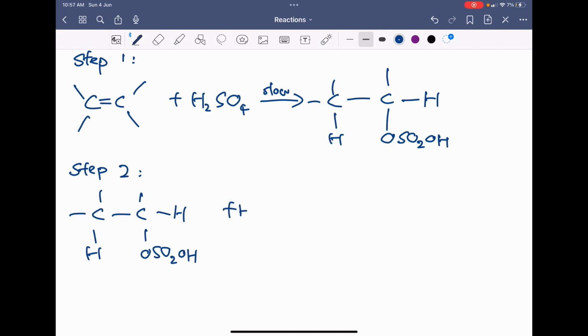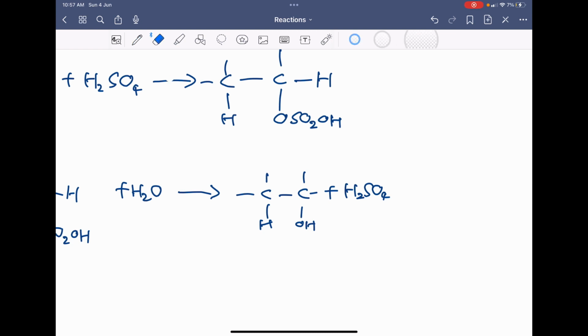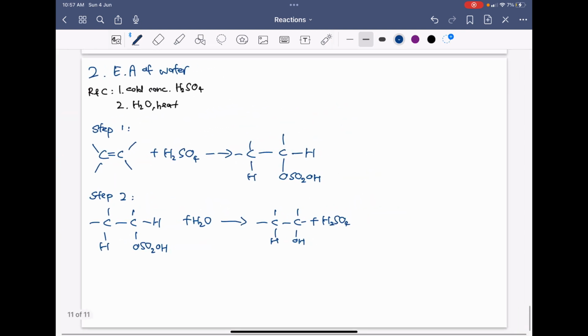And then you add this H2O, and then H2SO4 is regenerated because it is a catalyst. Okay, so if you're looking at this, you'll be like, what on earth is going on?